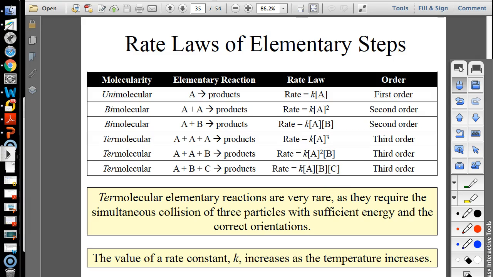The only deal is, the more reactants you have coming in there, the more things you need colliding in correct orientation to make the products. So these are going to have a lower K, right? Because they're not going to go as fast. The lower the molecularity, the higher the K, or the easier it is for that reaction to happen.